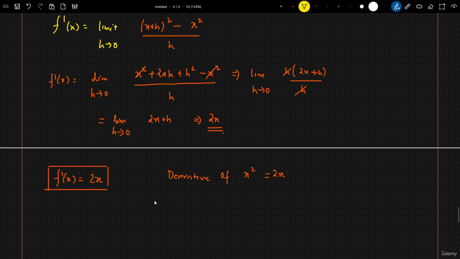A normal form of derivative: if I have x to the n and try to find the derivative, it is n multiplied by x to the n minus 1. So this is the formula, and that is absolutely true. Since I had f of x equal to x square, when I try to find the derivative, it is nothing but 2x. And you can see over here, this is the value that I'm able to get.